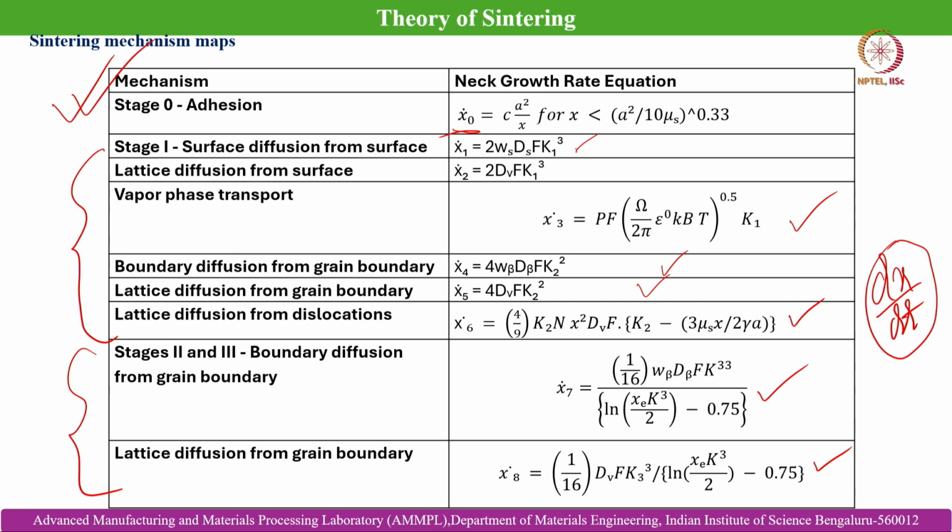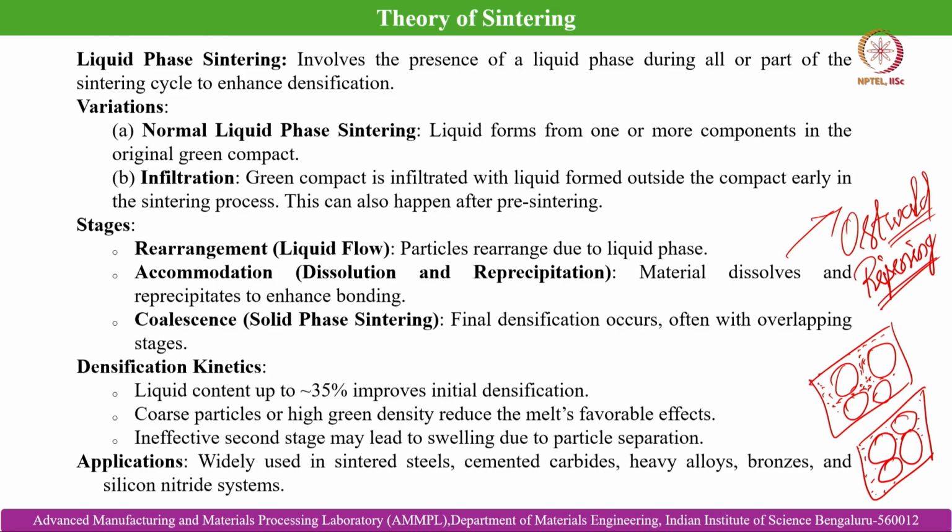So, from these individual equations you can quantify the role of individual mass transport mechanisms in case of sintering at different consecutive individual stages of sintering, that how much which mass transport mechanism contributes to the neck growth process and the densification process. Okay. So, then we will move to the liquid phase sintering.